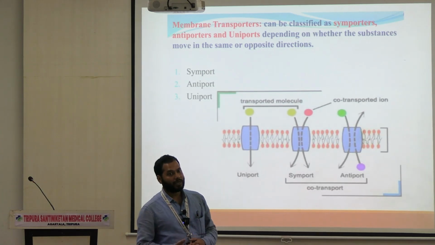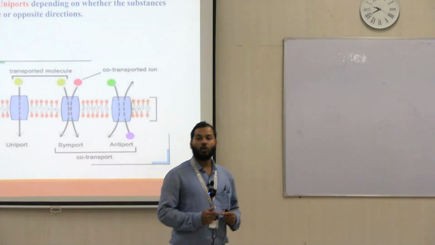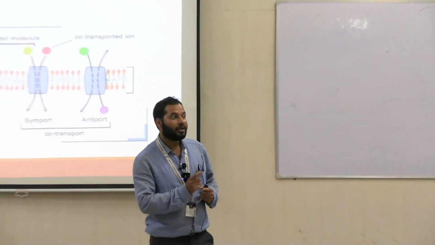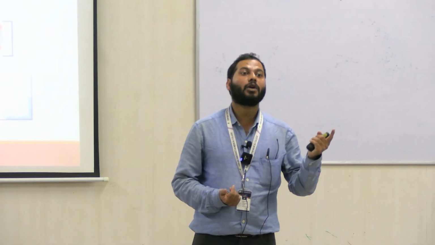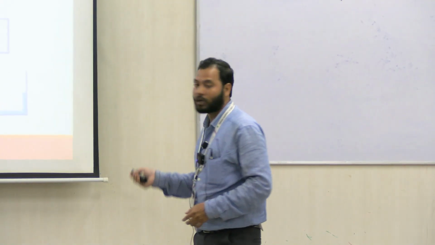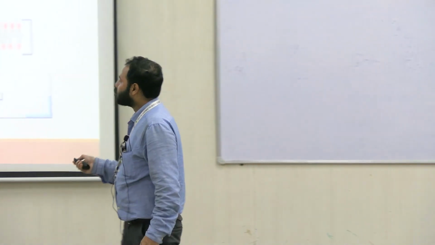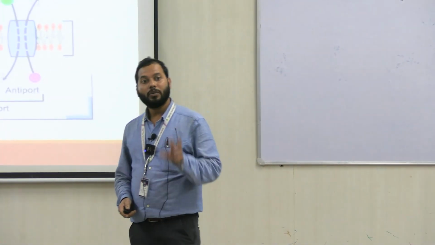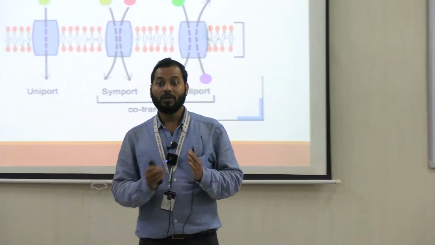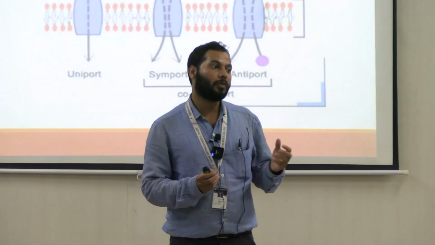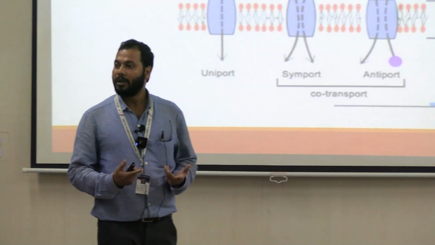Like we have already discussed with the sodium-potassium exchange, movement of sodium occurs from inside to outside, and potassium from outside to inside. It means the sodium-potassium exchanger acts as an antiporter, right? Whereas for sodium-glucose, which we just discussed, both molecules move in the same direction. Though the molecules are of different types, the directions of both sodium and glucose are the same. It is a common example of Symporter.